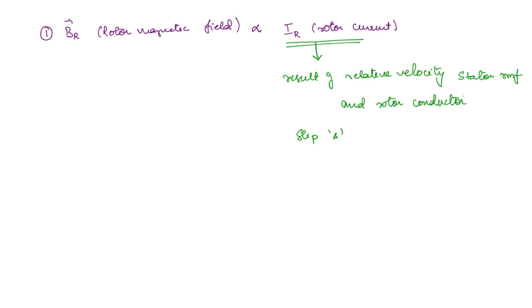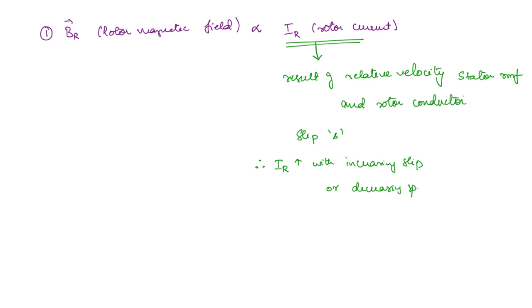The higher the slip, the more the relative velocity. The lesser the slip, the closer the speed is to the synchronous speed, so the lesser the relative velocity. Therefore, we can write that the rotor current increases with increasing slip, or increasing slip means decreasing speed.